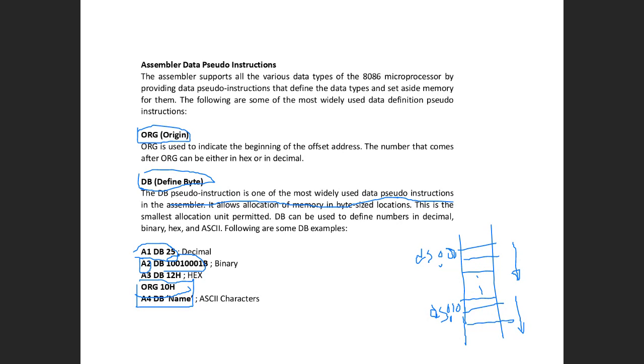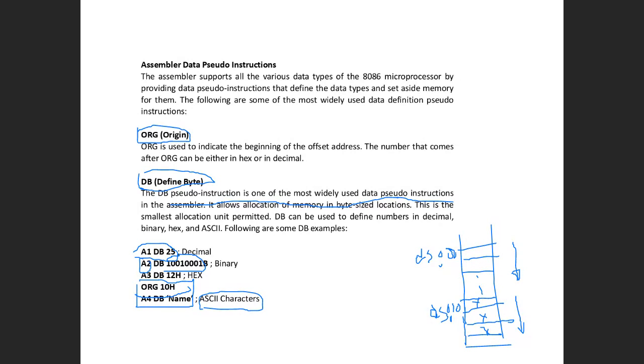Can you remember the ASCII code in the number system? So what is the ASCII code for capital N? It will be saved here. And what is the ASCII code for A? It will be saved here. And the ASCII code for small m? It will be saved here. And for a small e? It will be saved here. Something like that.